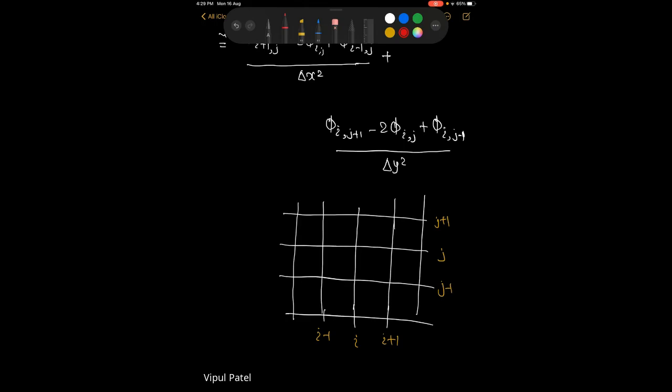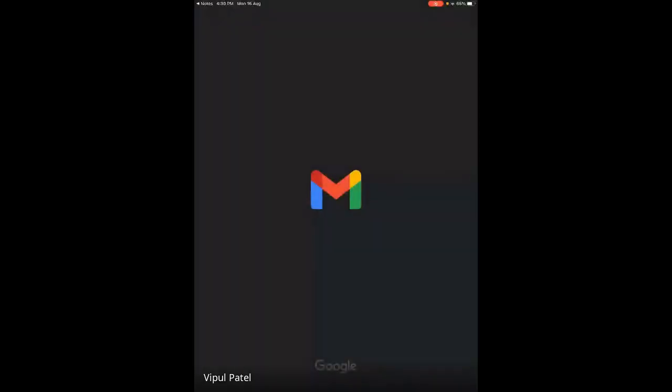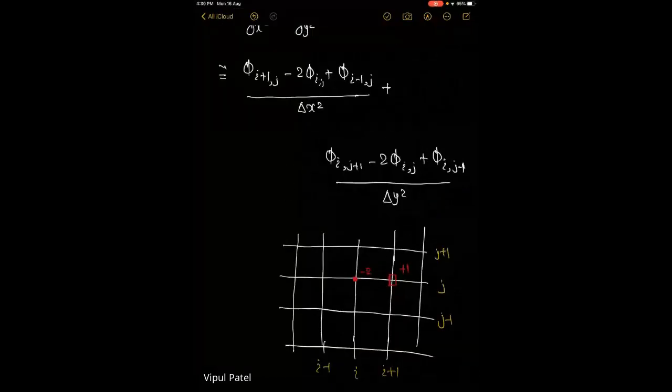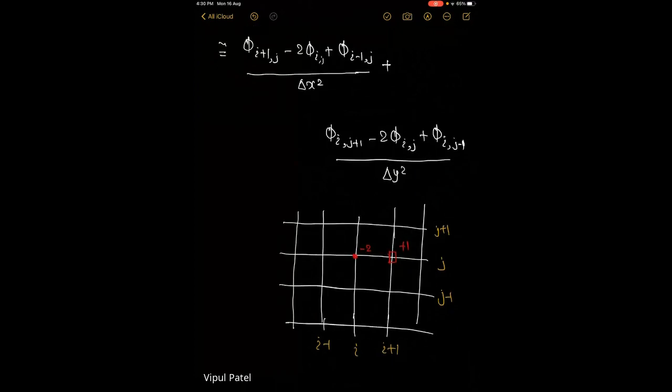Let us try to understand the contribution from each and every node. You have phi i plus 1 comma j, which has a plus 1 contribution, and that is this particular node. Then you have a minus 2 phi ij, which is this particular point. Then plus 1 at node i minus 1 comma j, which is this particular point.